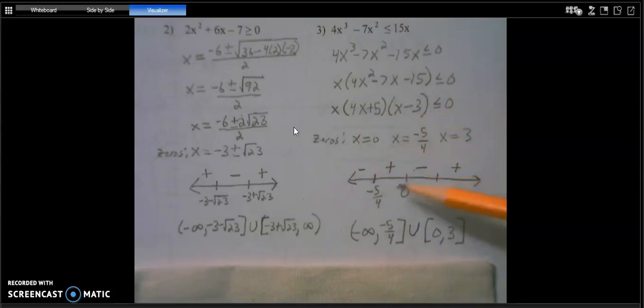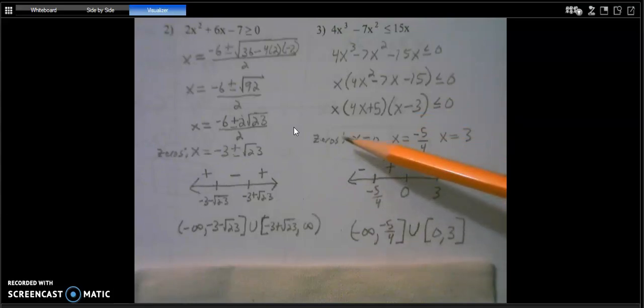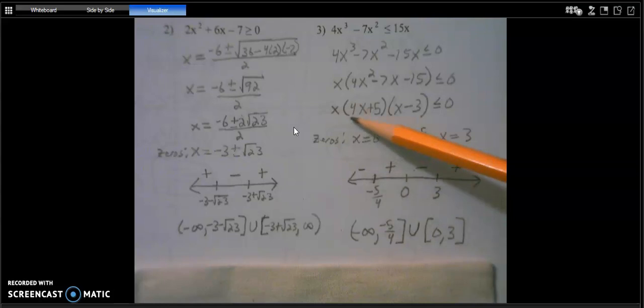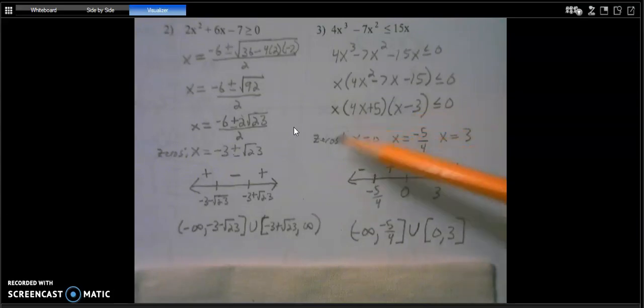A number between 0 and -5/4, like -1, you'd have a negative, and then -4 plus 5 is positive, and then a negative. So there you have negative, positive, negative, which is positive. Okay, and then do the rest of it the same idea.